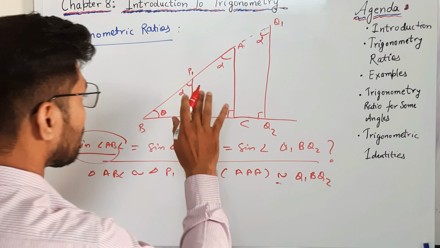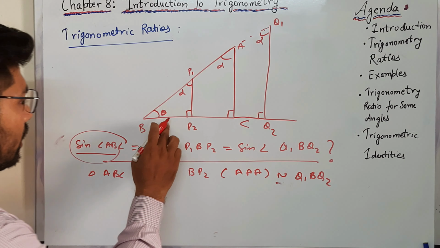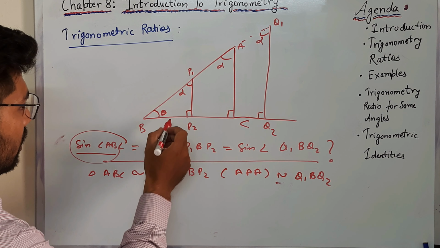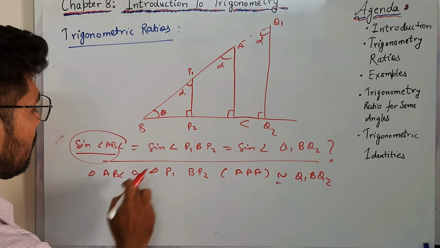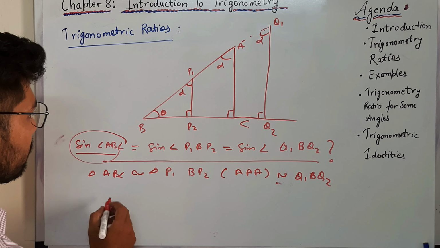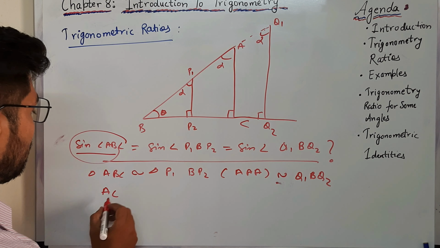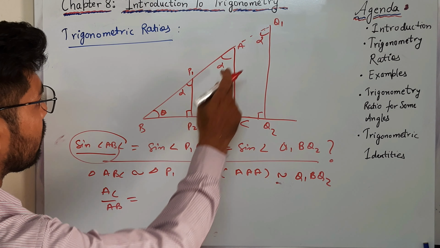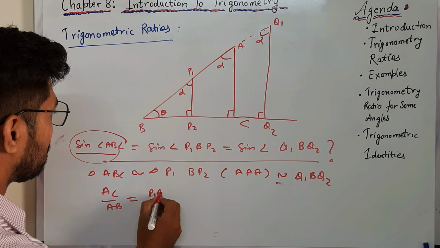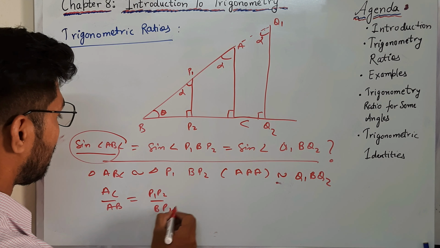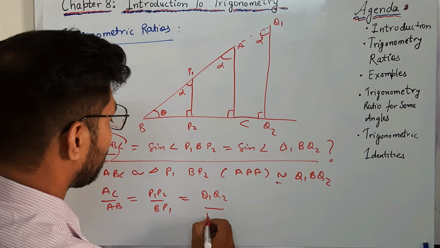Now as per the similarity theorem, we know that AC upon AB is equal to P1 P2 upon BP1, and is also equal to Q1 Q2 upon BQ1.